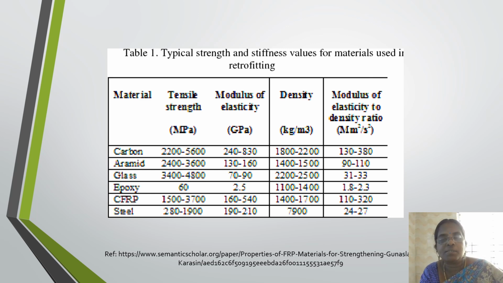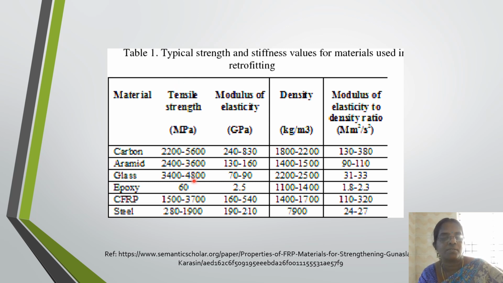To understand this composite still better, I've taken a table from this reference. You can see the reference here. The reinforcing phase is carbon, aramid, glass, and epoxy is the matrix phase. See here the tensile strength. For epoxy, what is the value?